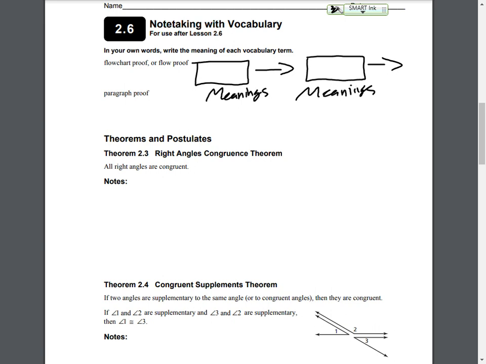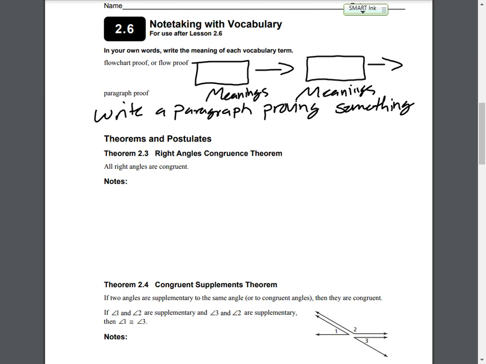A paragraph proof is exactly what it sounds like. You write a paragraph on a proof. So it's paragraph proofs. I write a paragraph proving something. And that's what a paragraph proof is.